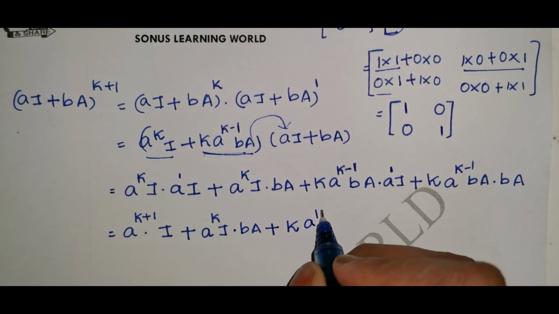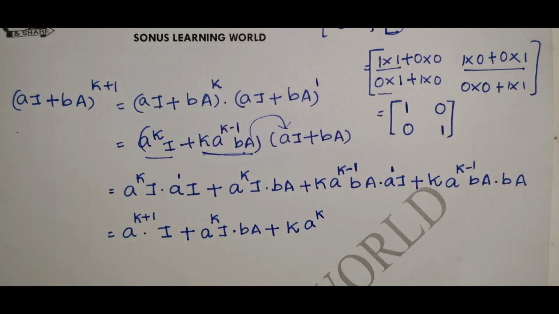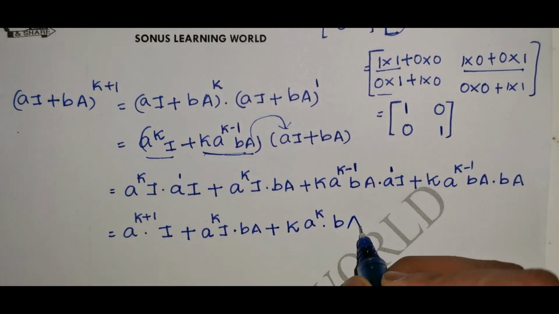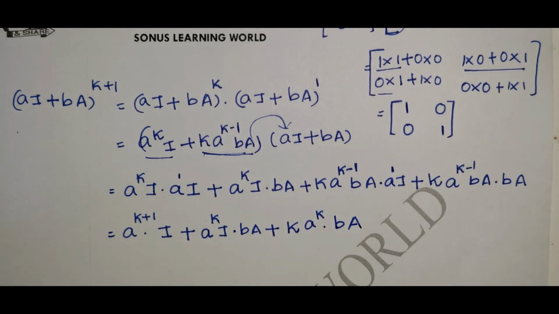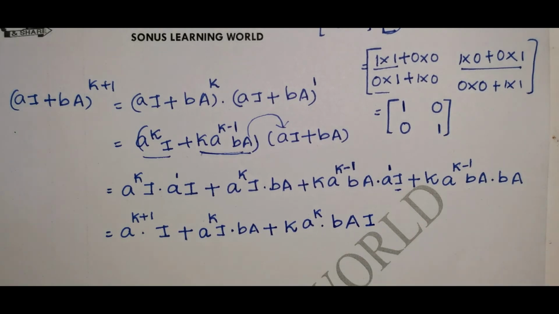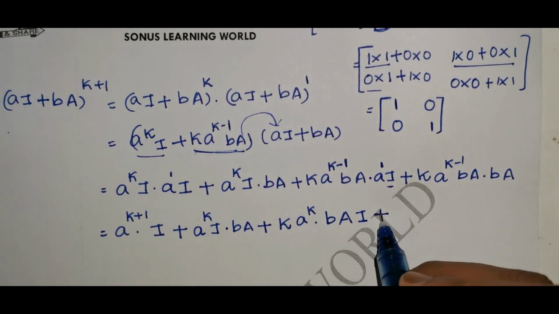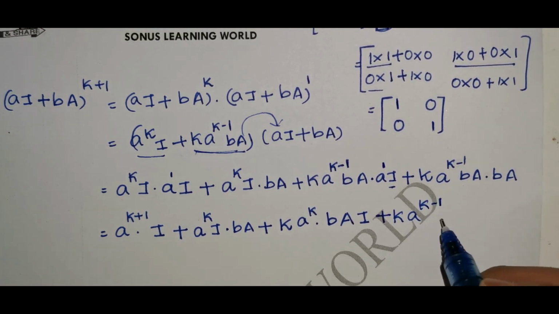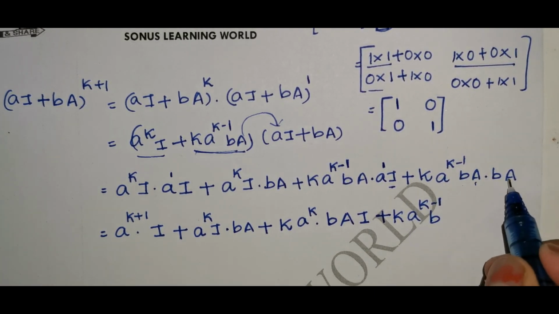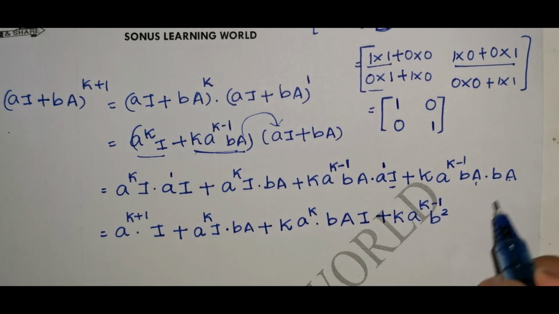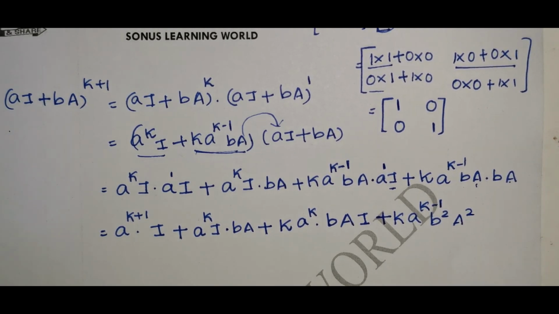So A raised to K will be the remaining term. Okay, so that into B is there and capital letter A is also there. This I is also there. Plus, what is remaining here? K, A raised to K minus 1, B, here A into A is, oh, here two B's are B into B, B square, and here A into A is A square is also there.